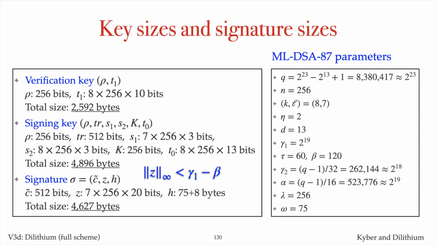So, the total number of possible values for a coefficient is 2 gamma 1 minus 2 beta minus 1, which is slightly less than 2 to the 20 for the ML-DSA 87 parameters. Thus, a coefficient of Z can be represented using 20 bits. Lastly, the hint bit vector can be represented in 83 bytes, as I'll show next.